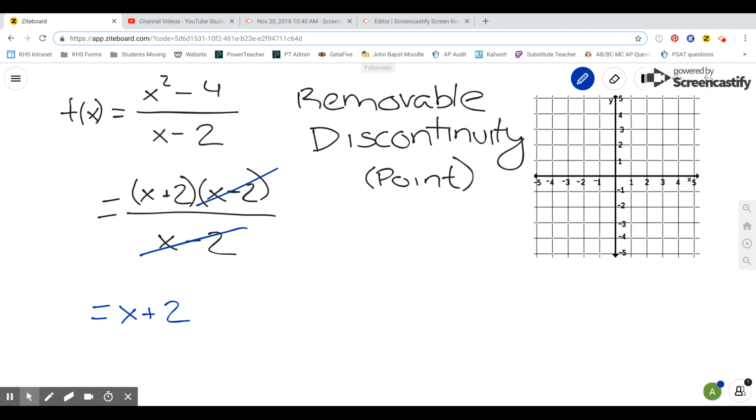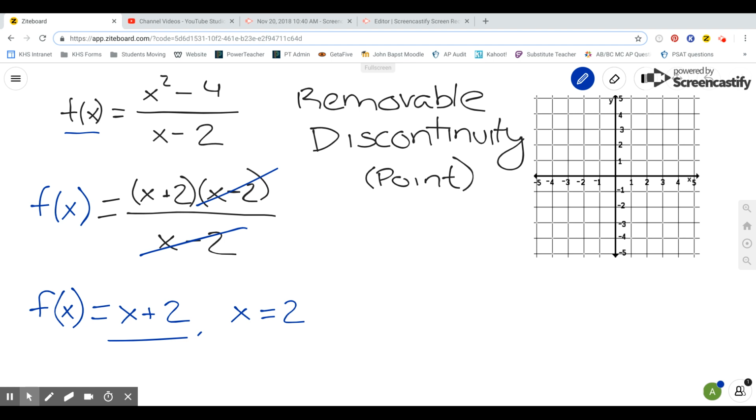Because if I plug in x equals 2 into this new function x plus 2, it's all good. I get 4. But if I were to plug it into my original function, which I'm saying this blue x plus 2 is equivalent to, then I also better get 4. But I get 0 in the denominator.